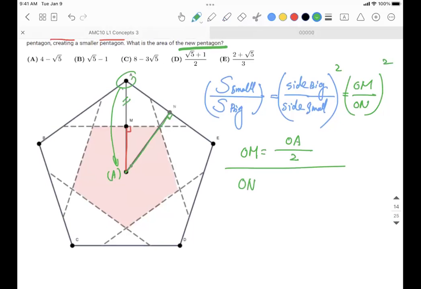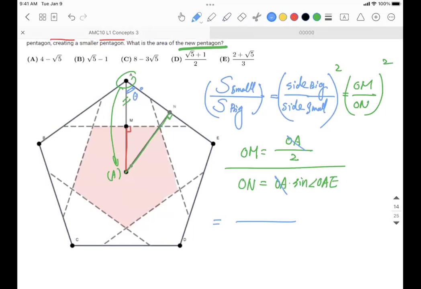Then what about ON? ON will be OA times sine of angle OAE. Is it right? ON will be OA times sine OAE, so OA will be cancelled.